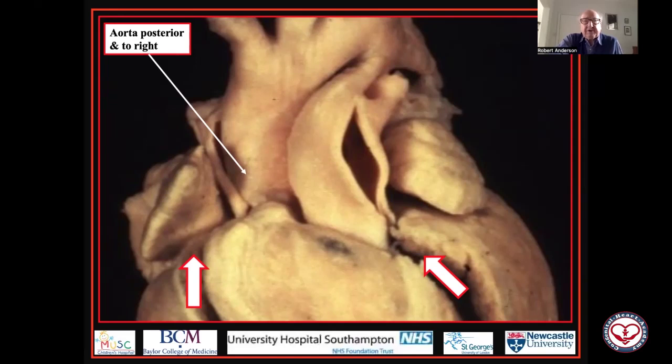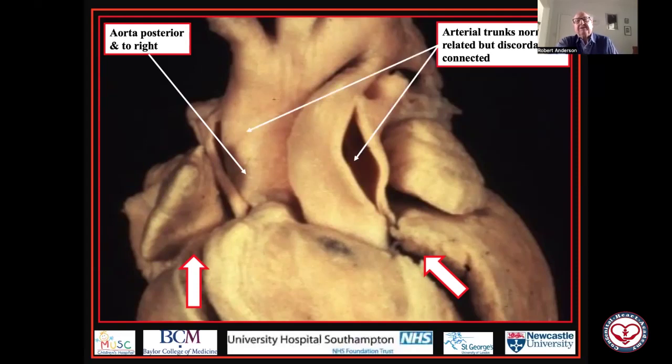In other words, the arterial roots are arising from morphologically inappropriate ventricles. They are fulfilling that diagnosis we have just agreed upon, discordant ventricular arterial connections, but they are normally related. The aorta is not anteriorly positioned.